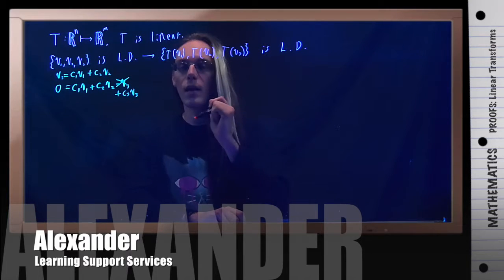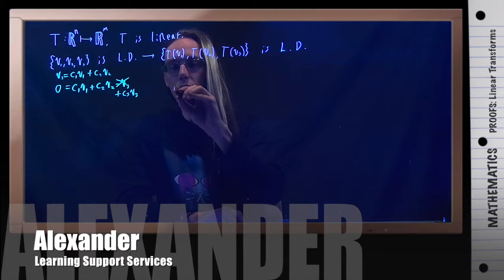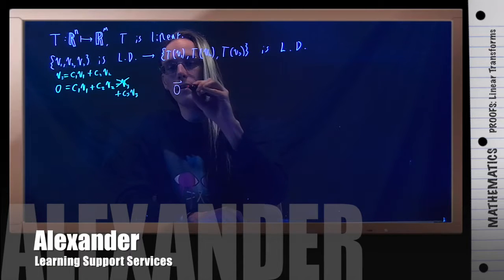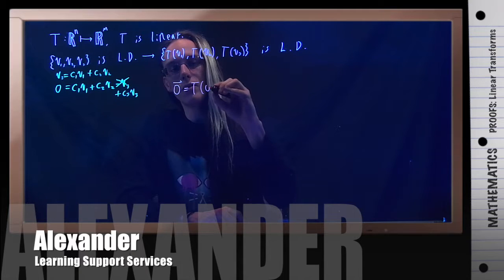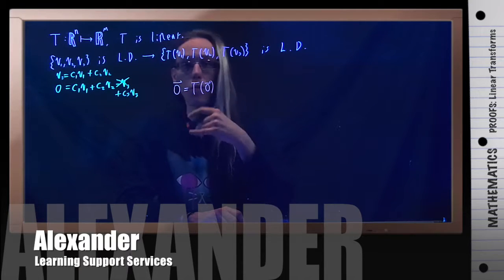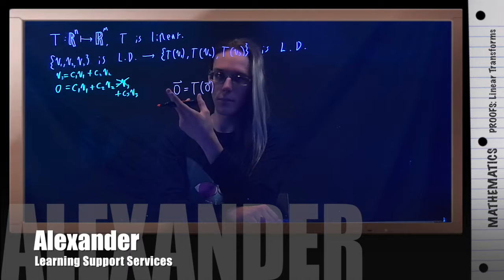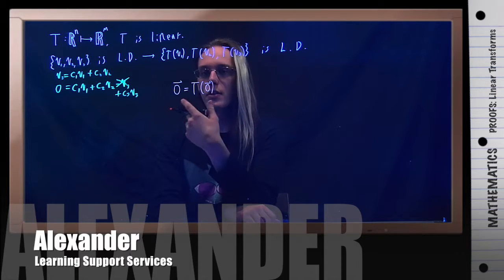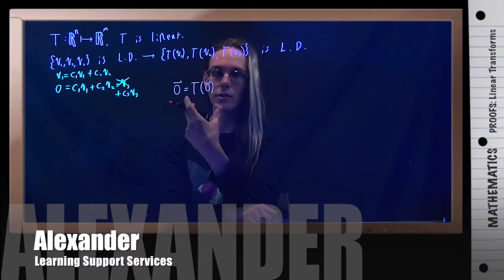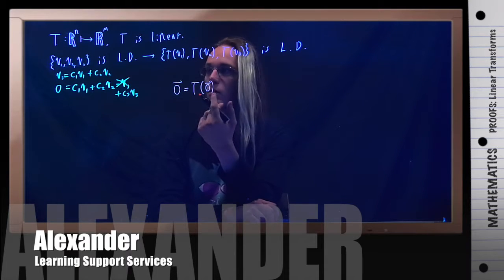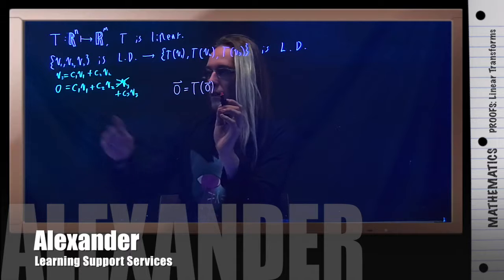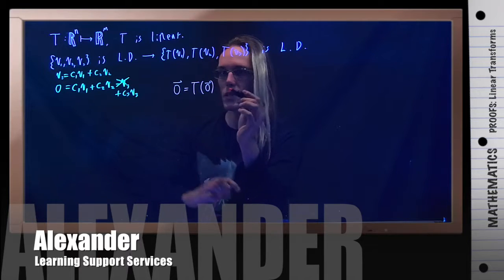First of all, I know that the 0 vector is equal to T of the 0 vector. Why? Well, because T was linear. And one thing that follows from a linear transform is that if you plug 0 into it, you still get 0. Well now, what else is 0 equal to? 0 is equal to a sum of these vectors right here.